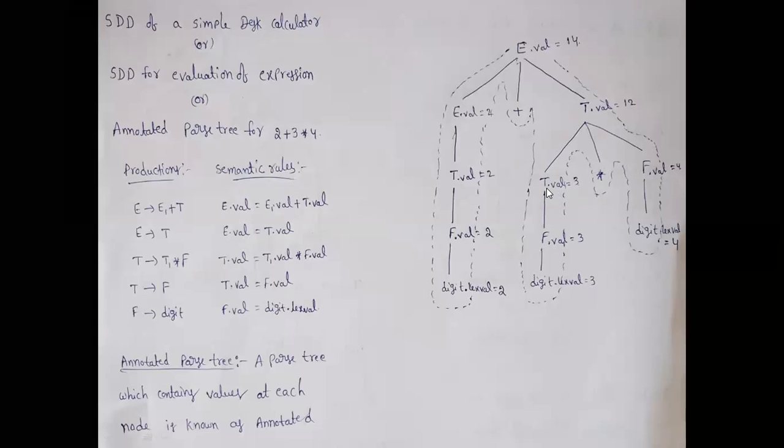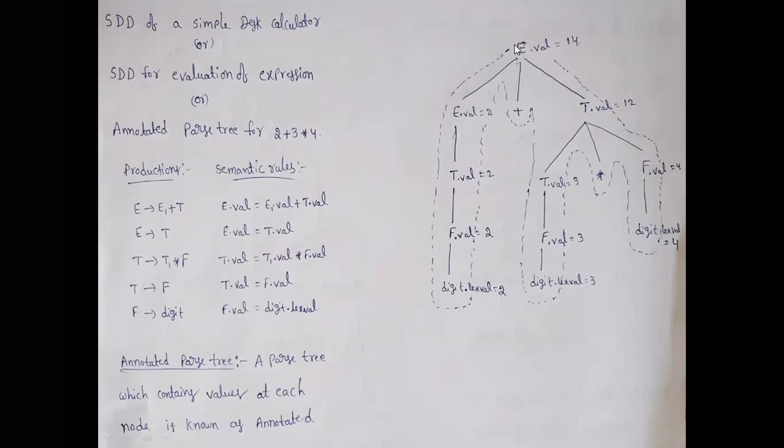So T.value is equal to 3 * F.value. What is the semantic rule we are using? T.value is equal to T1.value * F.value. What is the T1.value? That is 3. And what is the F.value? 4. So 3 into 4, 12. So we are replacing T.value with 12 and again moving upwards.